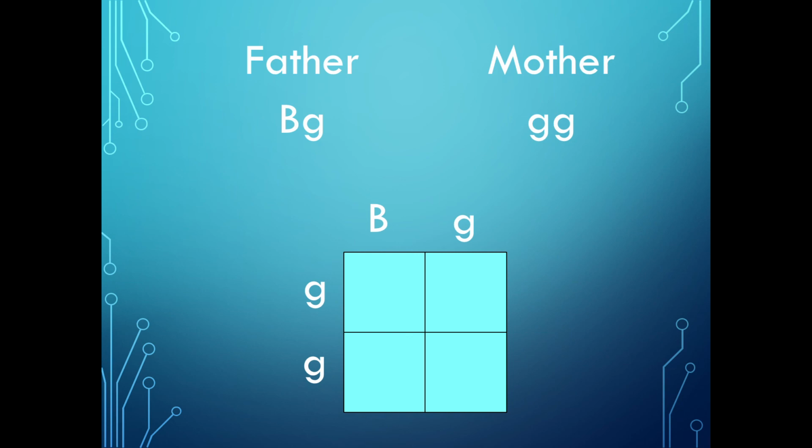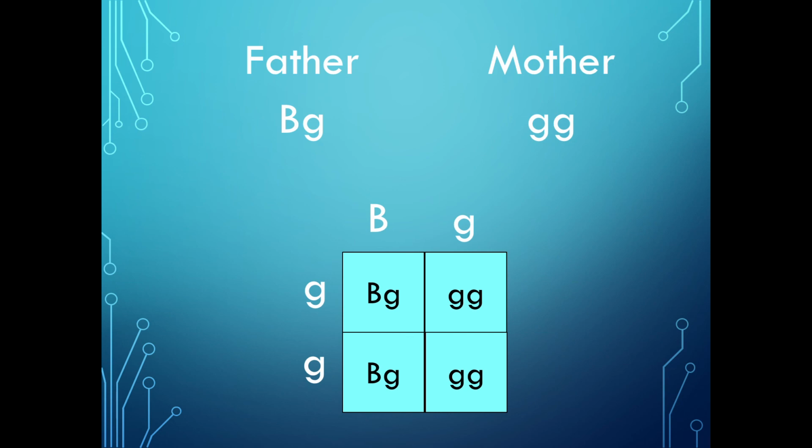Okay, so what happens when we recombine the first square in there? We're going to have a capital B and a lowercase g. On the second case, we have two gg's. Then in the third one, we have capital B and lowercase g. And in the last one, we have g and g.